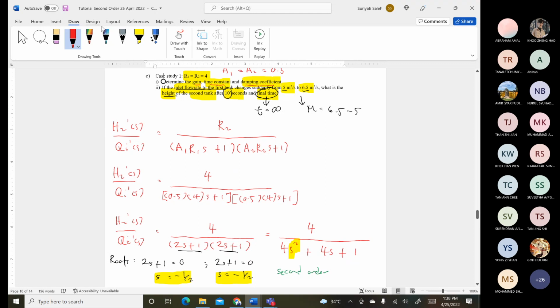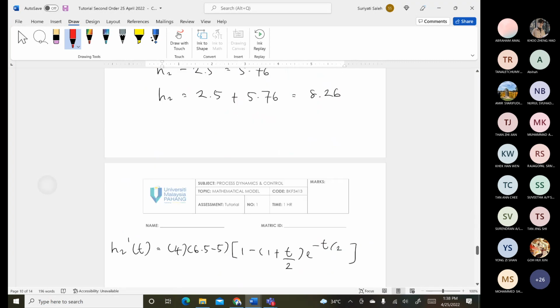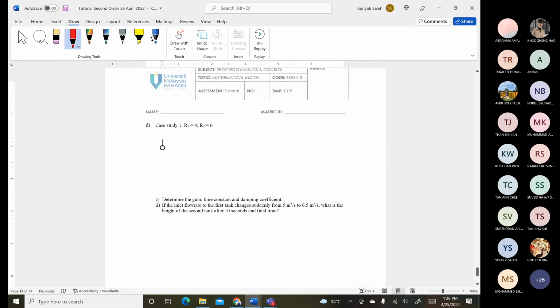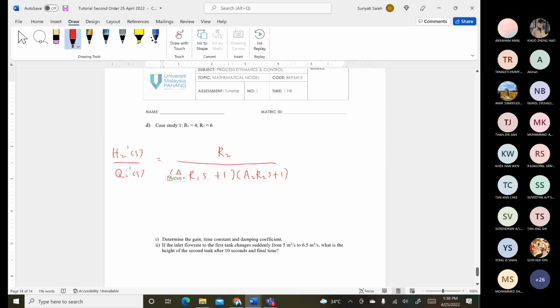So still we use this equation, H2 over Qi, where we substitute R2 equal to 6.